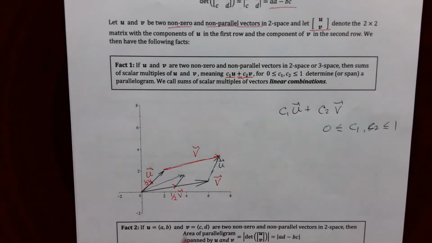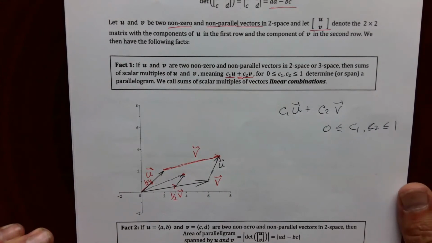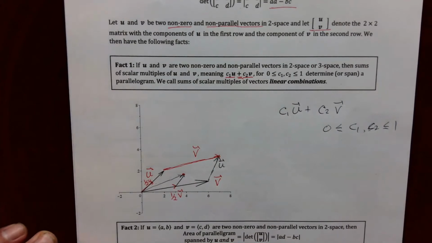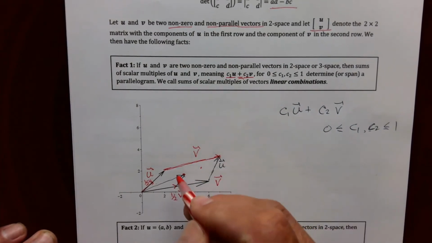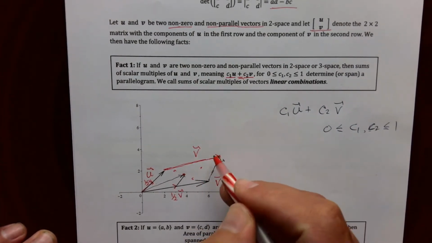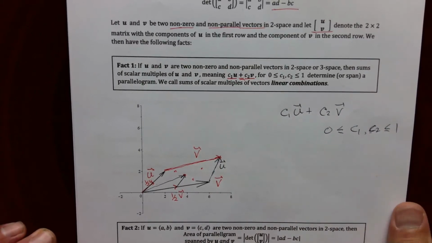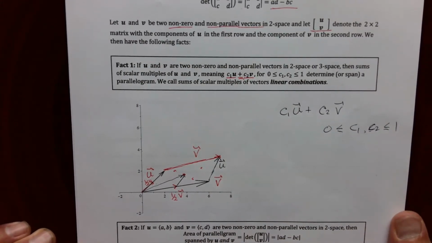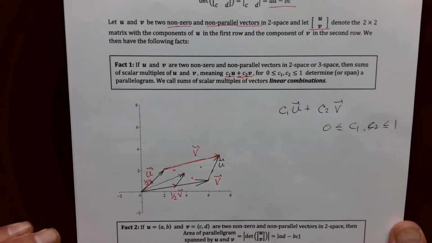So we're at this point. We can think about vectors as points when convenient and also as vectors. What we're saying is we can get to any point inside this parallelogram or on the boundary of it by choosing appropriate numbers C1 and C2. And hopefully that's fairly obvious.